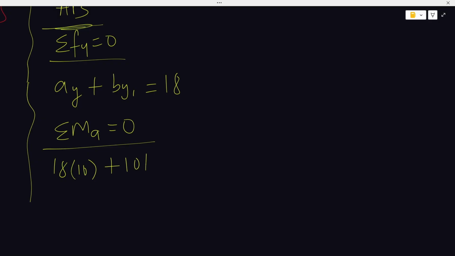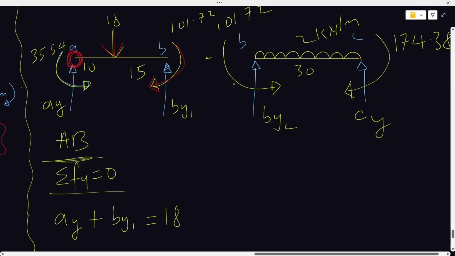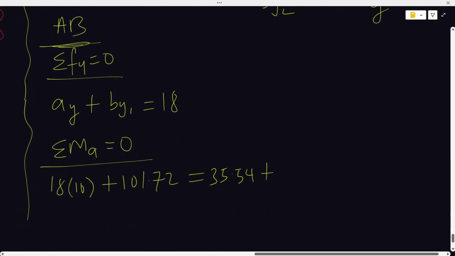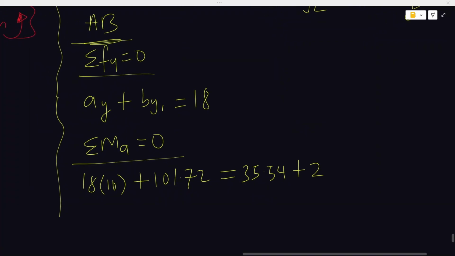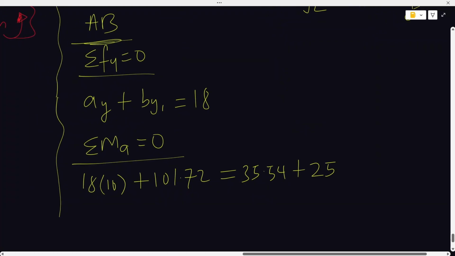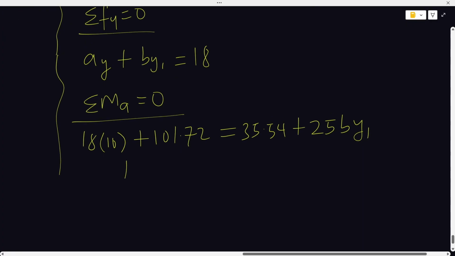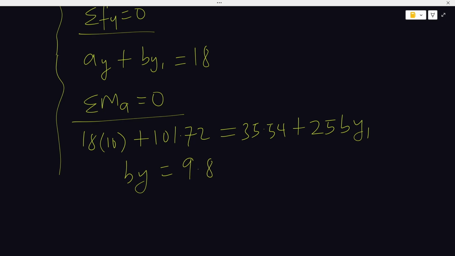18 times 10 plus 101.72 will be equal to the anti-clockwise, which is 35.54 moment, plus 25 BY, because the length is 25. So here I can say BY will be equal to 9.8, solving it mathematically.